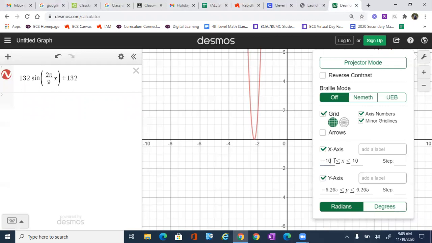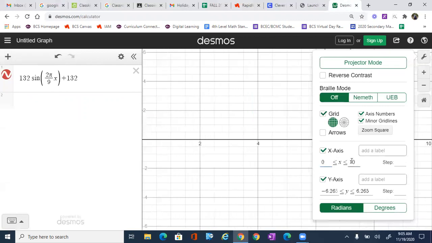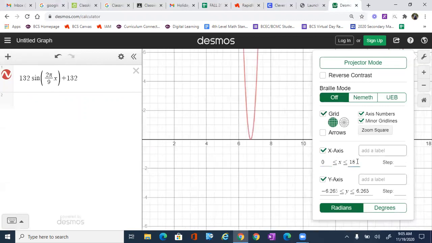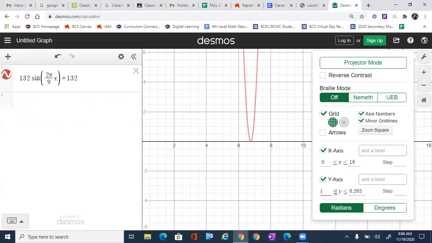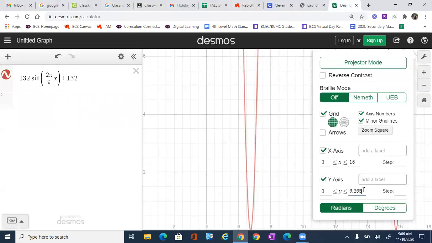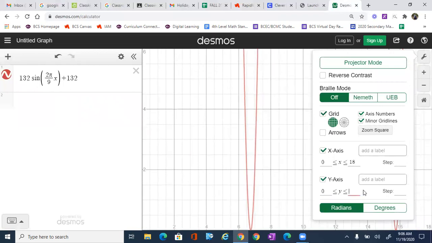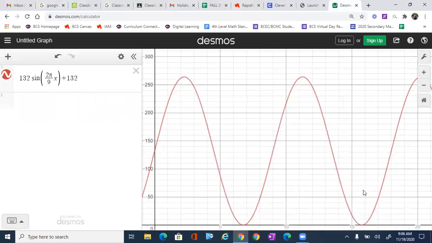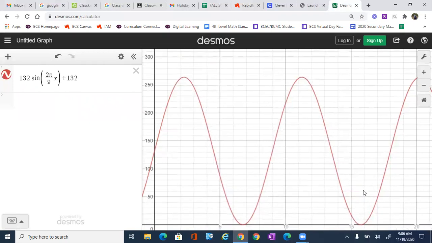So I'm going to put 0, and I'm going to put 18 as our x because that is our time. And then I'm going to show my y-axis, which we know is 0, all the way up to about 264. And we can get a nice little graph and we can see how our graph works out.